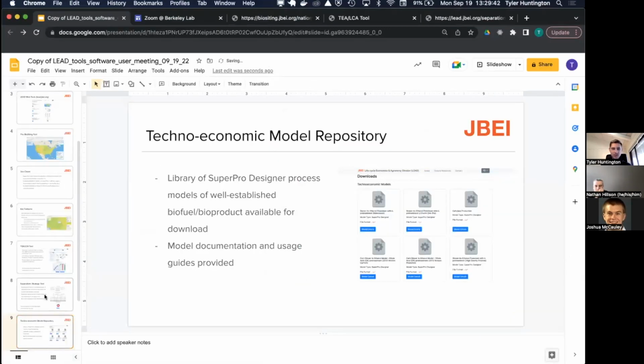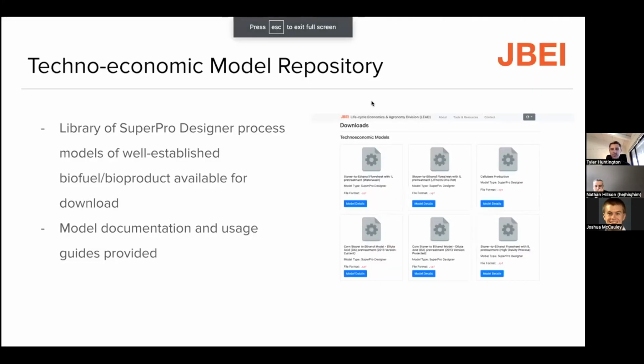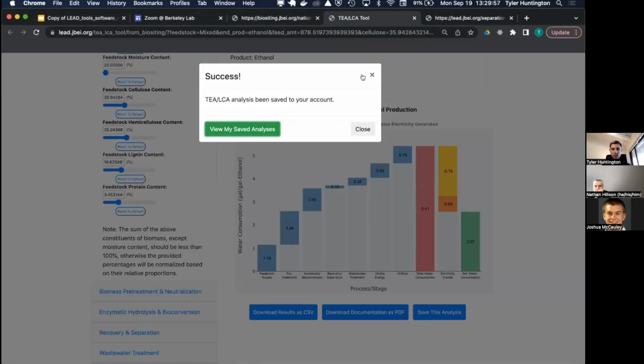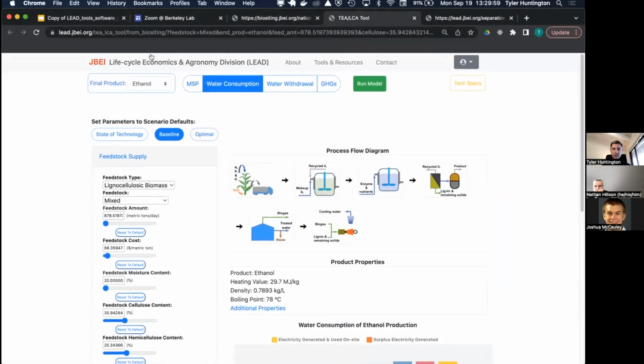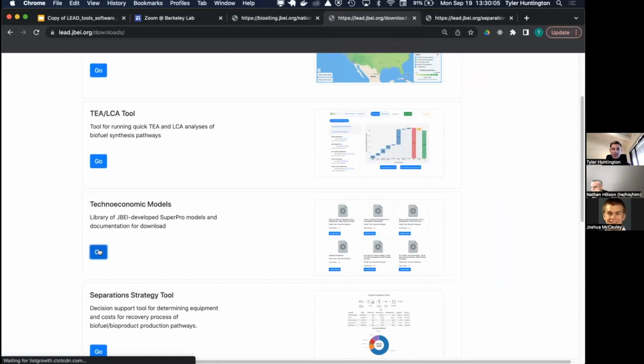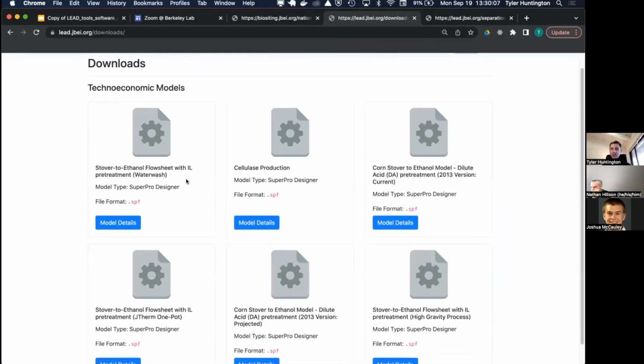So the next part of our website is the Techno-economic model repository. Going back to our homepage here, we have this library of techno-economic models in their original form.